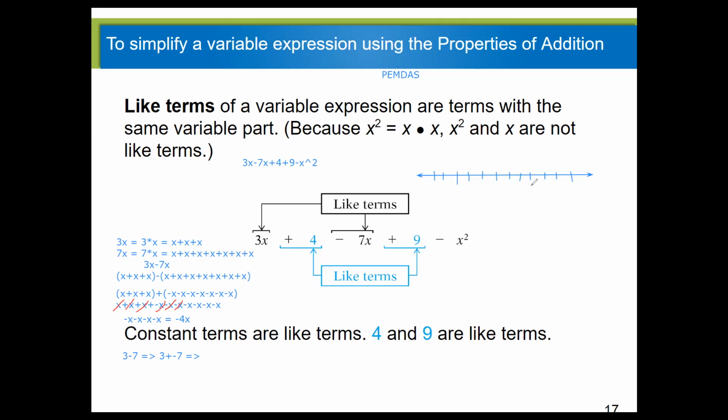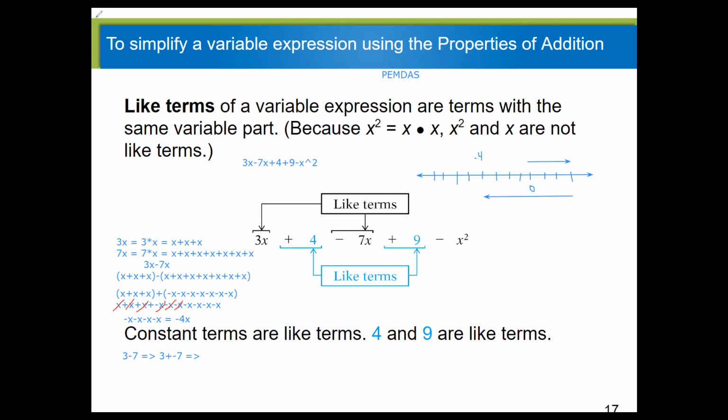So let's say this is 0 here. 3 in the positive direction is this way, 1, 2, 3. And 7 in the negative direction, 1, 2, 3, 4, 5, 6, 7. 7 in the negative direction lands me right there. What is that? That is negative 4, right? We move 3 steps forward, 7 steps back.